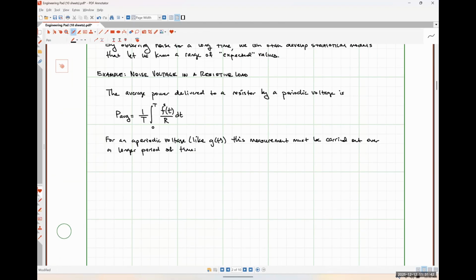So we're going to have something like this. It's going to be roughly the same relationship, except that I'm going to take the limit as I allow my period to approach infinity.